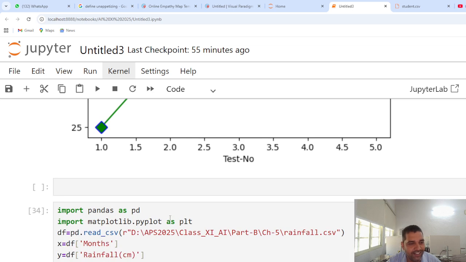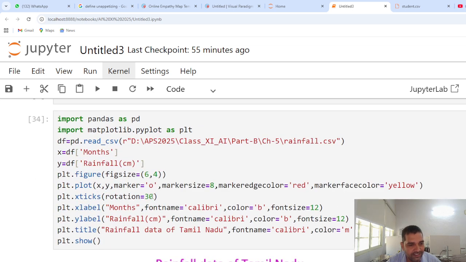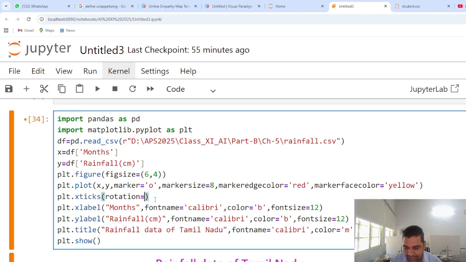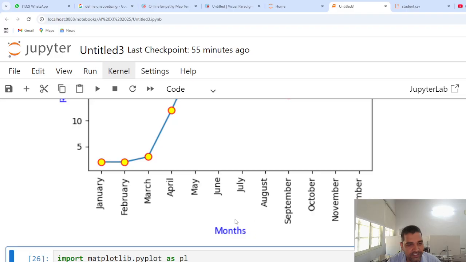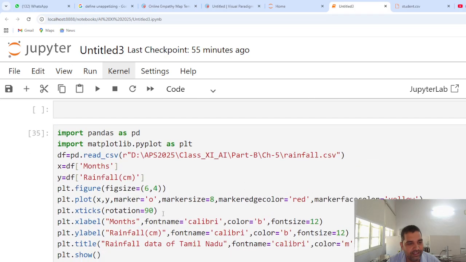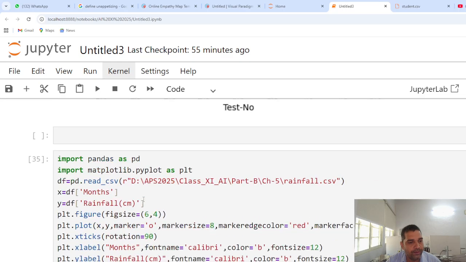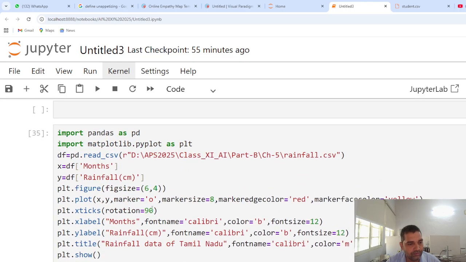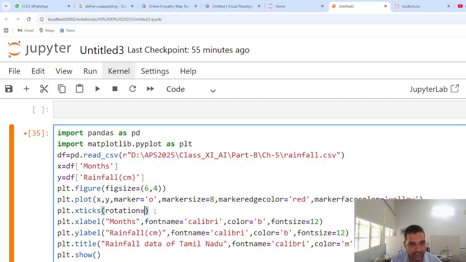If I make it 90 degrees, it will be vertical. See, it will be vertical. This is what happens. So let me set it to the original value; in place of 90, let it be 45 only.